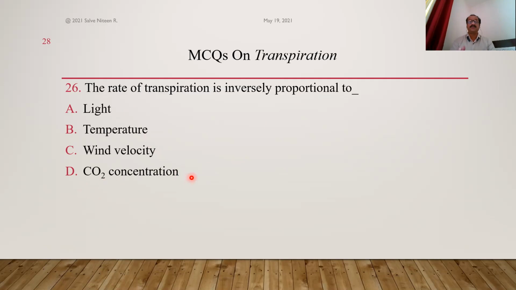When we increase the concentration of carbon dioxide in the atmosphere, which is equivalent to 0.03%, up to some extent, up to 0.05%, in that case, carbon dioxide gas acts as an antitranspirant. So here the answer is D.